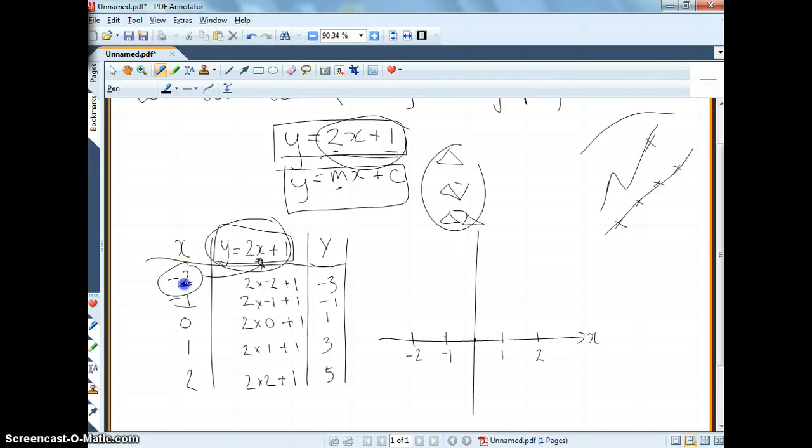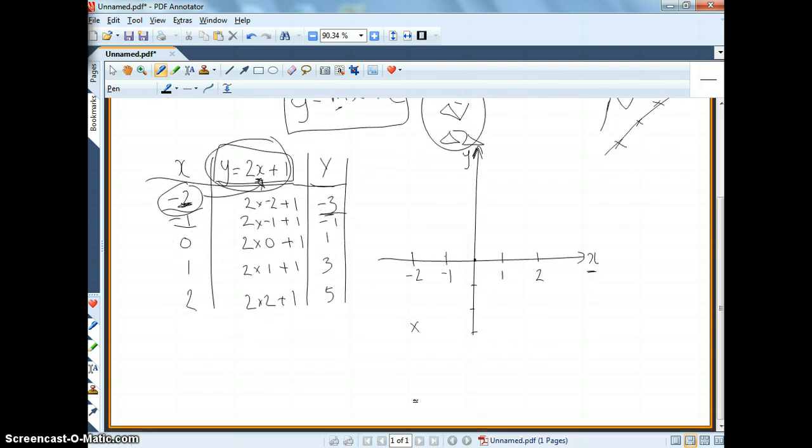So plotting -2 for x, -3 for y. Remember, we always plot the x first, followed by the y. The y is the vertical axis. -2, -3. -2 in this direction, and then down 3, and that's that position there, so put a cross. Next coordinate, -1, -1.